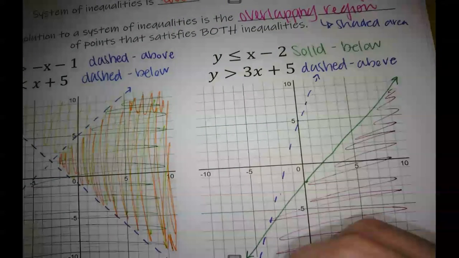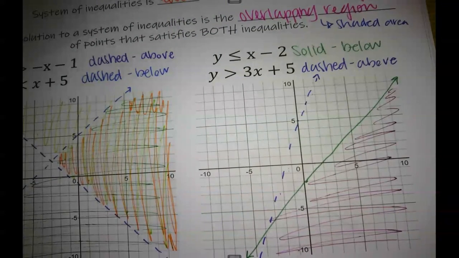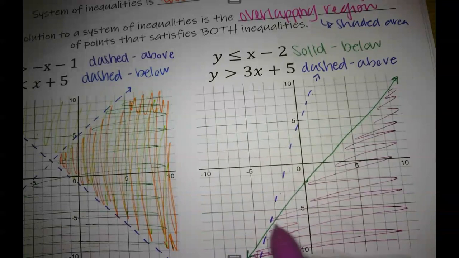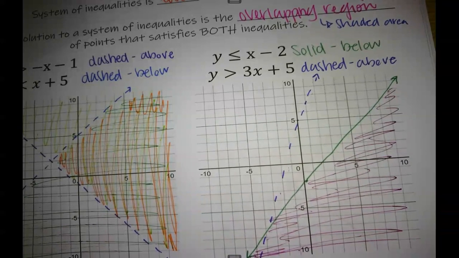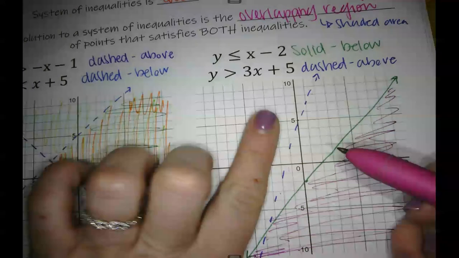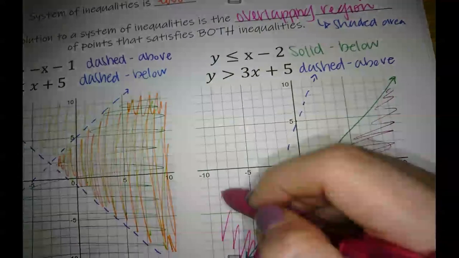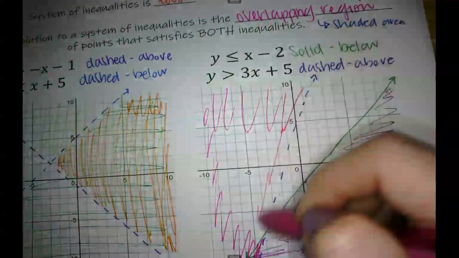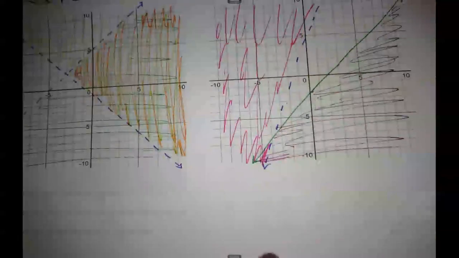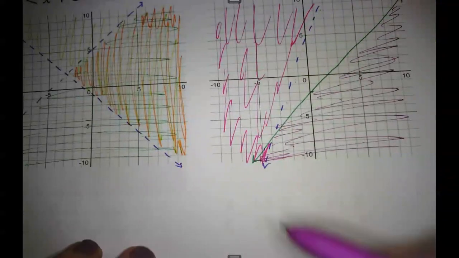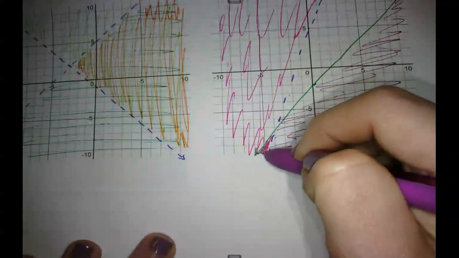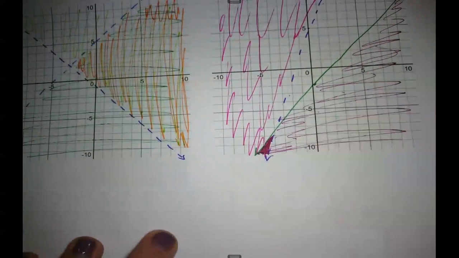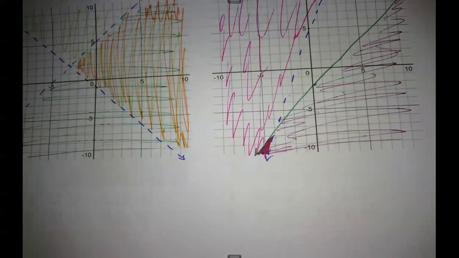Again, my lines are not perfect. Neither is my shading. So we are shading this time for this one above the line, which would be this area. And you can't even see. This is a complete mess. You can barely see, but right in here is where they meet.